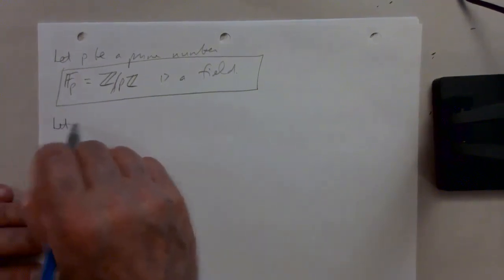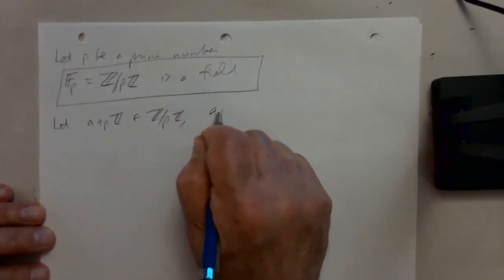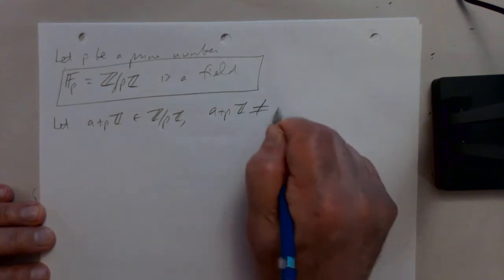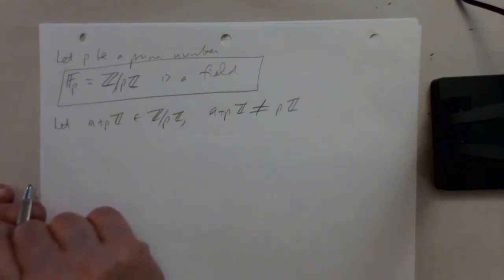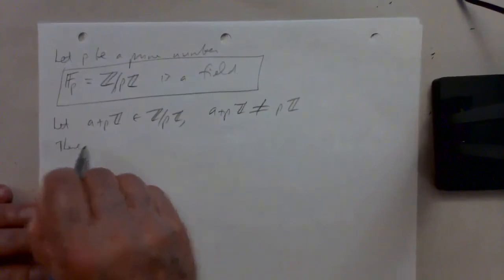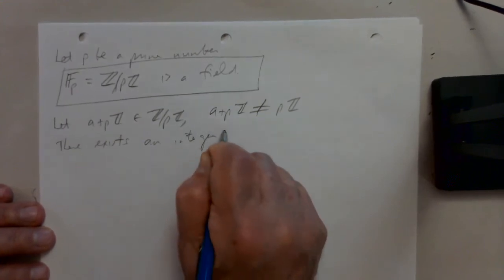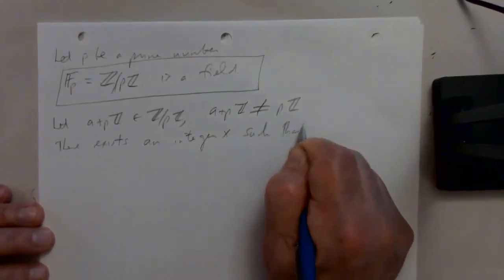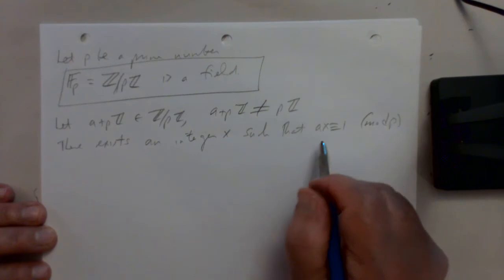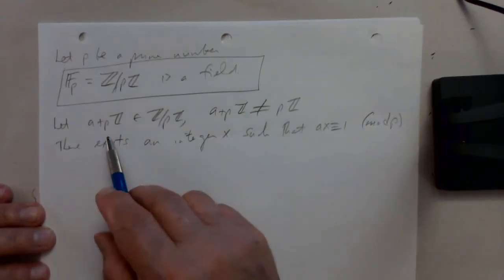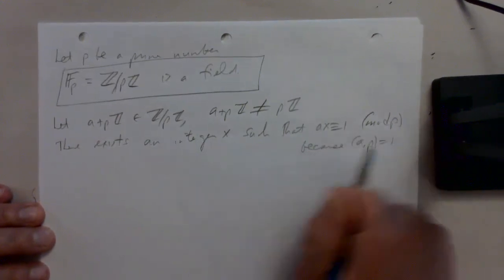So let A plus PZ be in Z mod PZ, and A plus PZ not equal to 0. That means not the congruence class PZ. There exists an integer X such that AX is congruent to 1 mod P. That's our theorem on linear congruences. Because if A is not divisible by P, A and P are relatively prime.